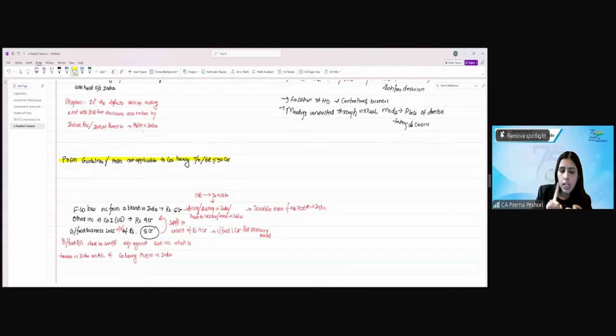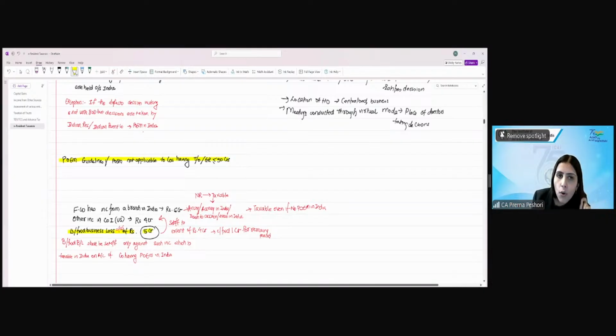Now, let's say for example, I say that you have a POEM in India. So what additionally will you tax? Whatever my US income is there. Correct? Fine. So now this brought forward business loss of the US is, let's say, 5 crore.